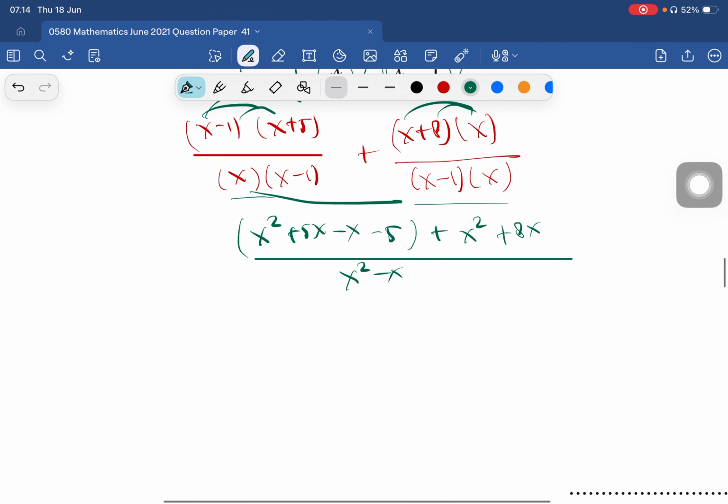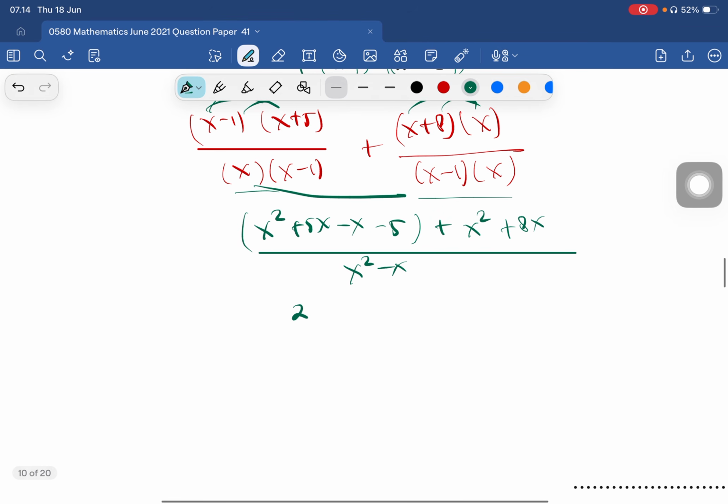So let's proceed. x squared with x squared, so we got 2x squared. 5x minus x plus 8x, so this is plus 12x minus 5, over x squared minus x.